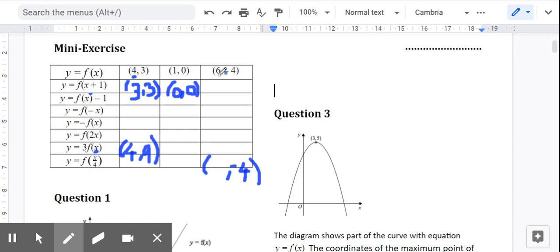Now, the x coordinate is 6. Now we are dividing it by 4. The opposite of divide by 4 is multiplying by 4. So 6 times 4 will give us 24.